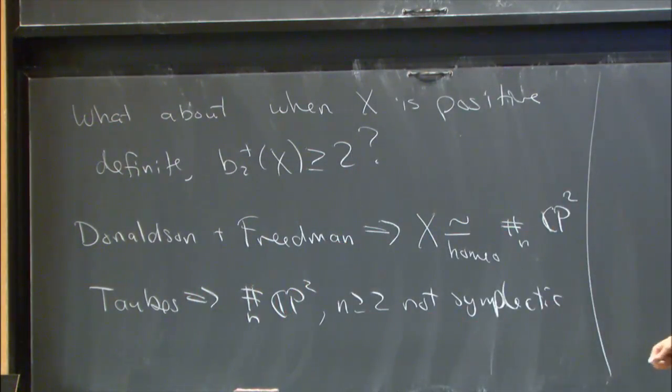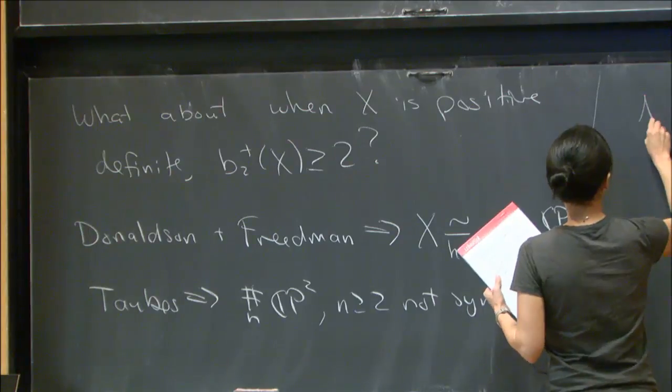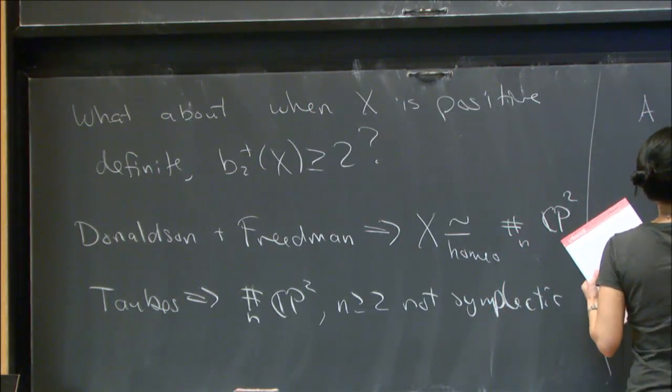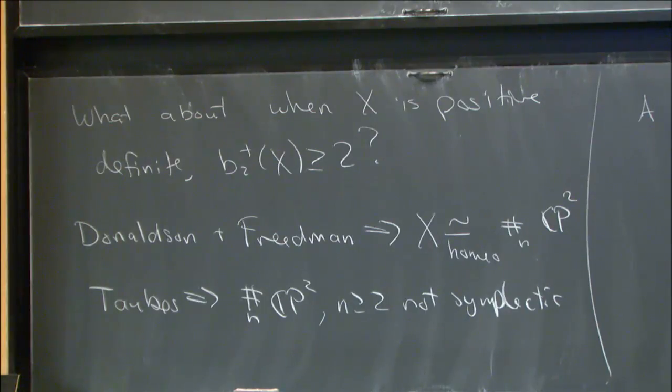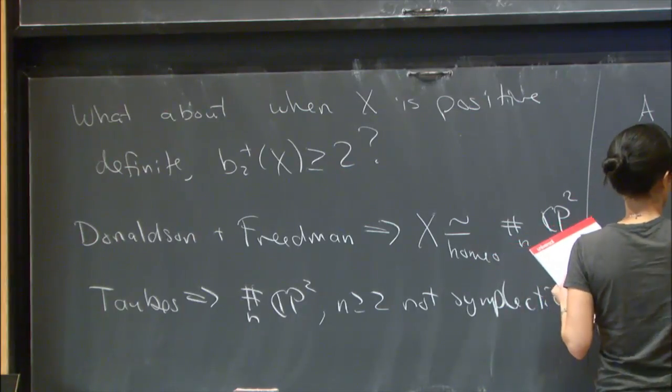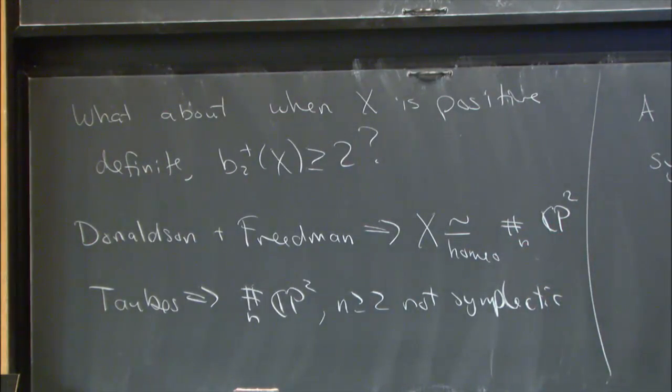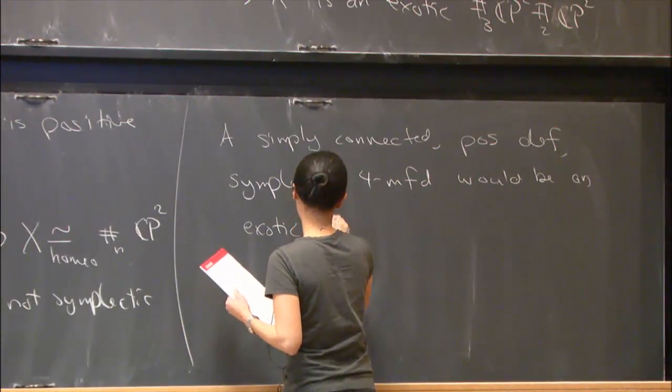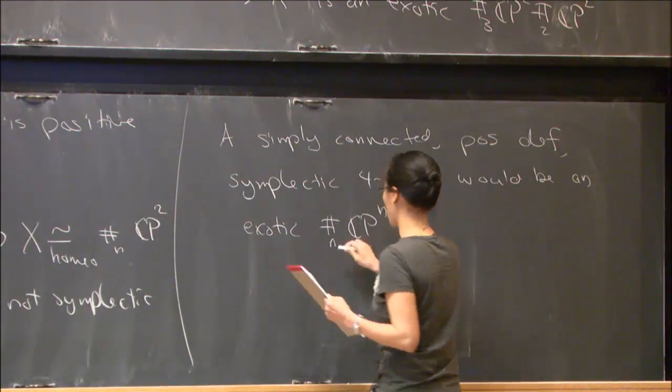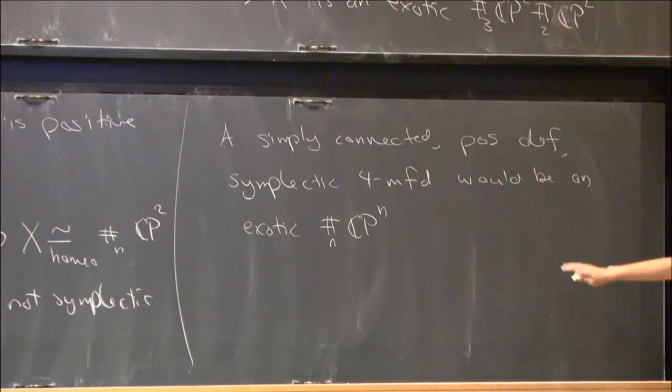So in particular, if we had a simply connected positive definite symplectic four-manifold, that would be an exotic connect sum of CP2s, and none of these are known.